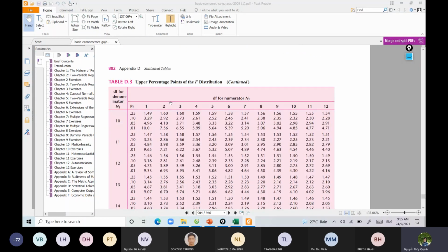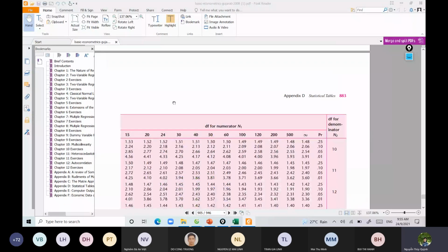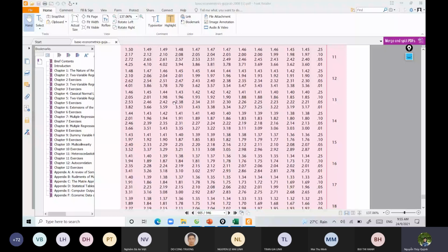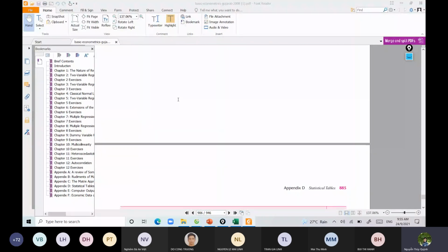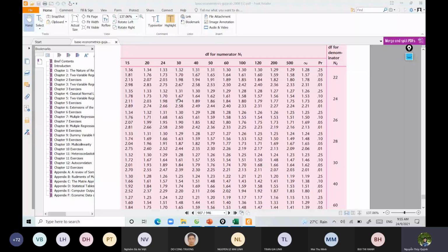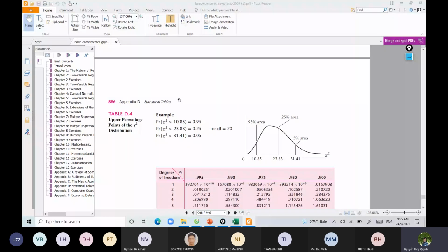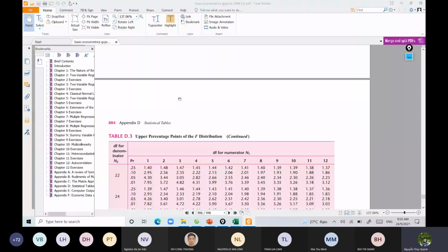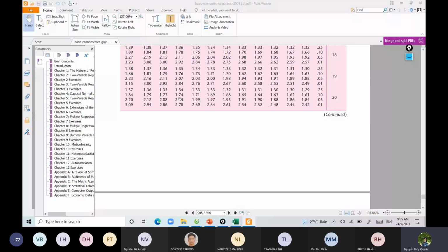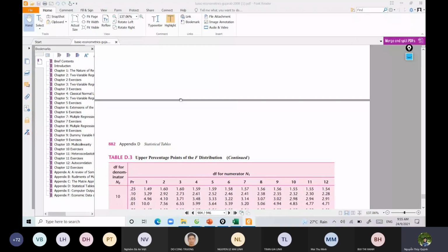Let me see. Table D3, is it the distribution for the level of significance 1% or 5% here?